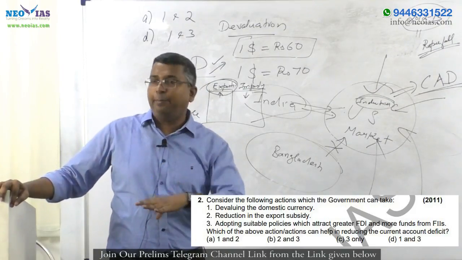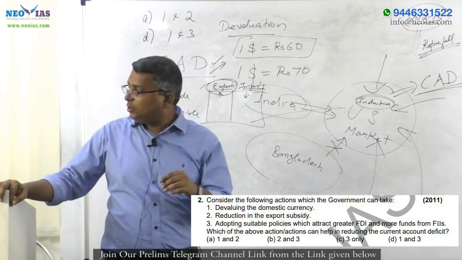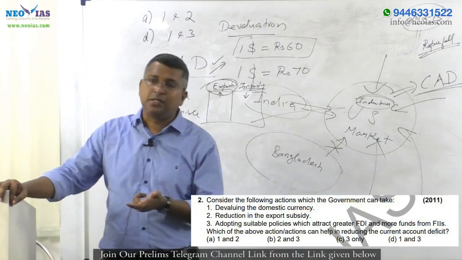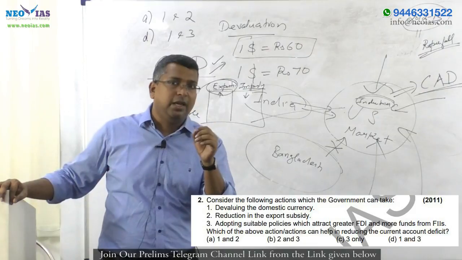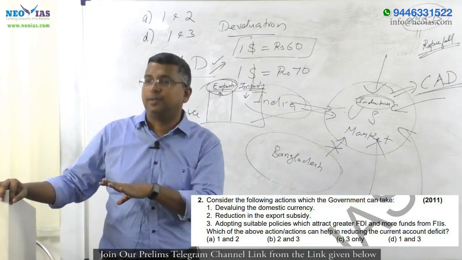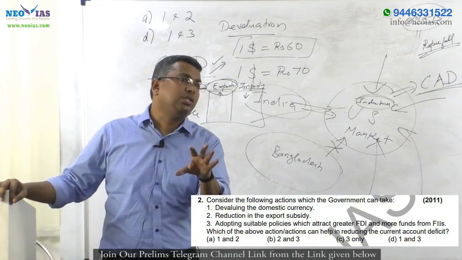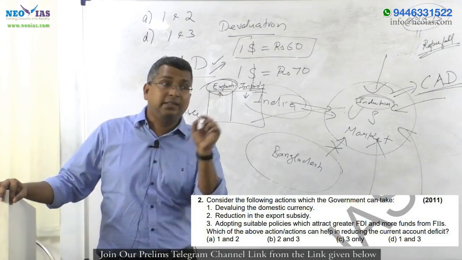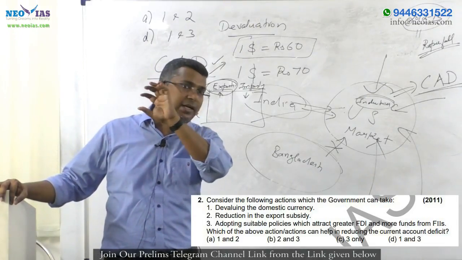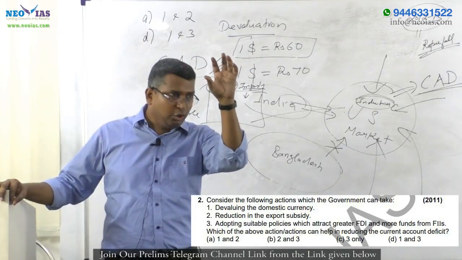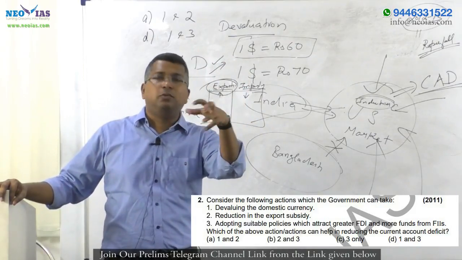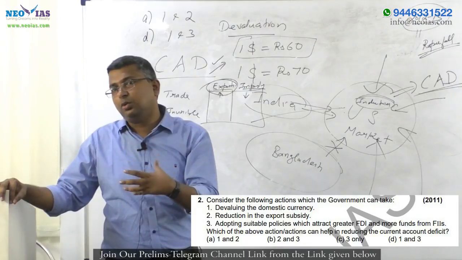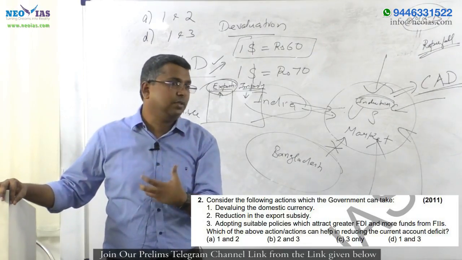What happened is that it was not the word, actually, it was the interpretation of the word. It was not reducing. It should have mentioned the word bridging. The same statement came in that year's economic survey, but the economic survey did it correctly. We are having a current account deficit, right?